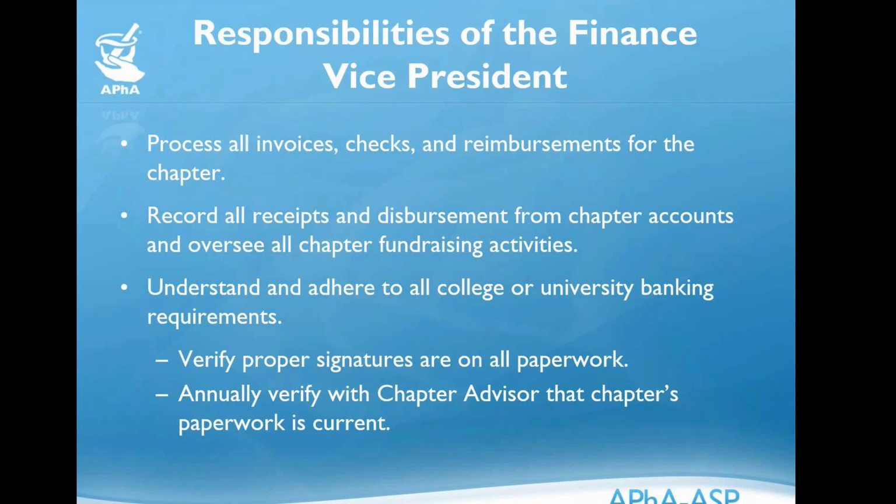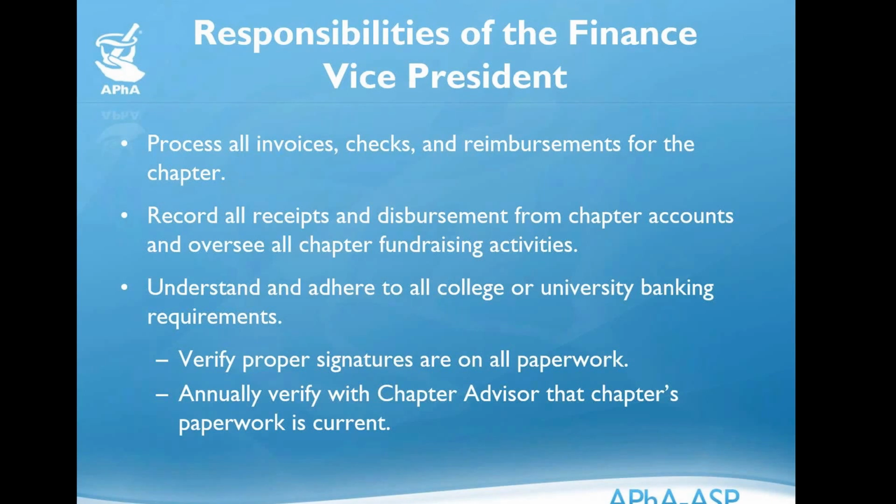You are also required to understand and adhere to all college and university banking requirements. Your colleges and schools of pharmacy and or your universities may have specific banking requirements. So it is your job to make sure that you communicate with your chapter advisor to make sure that you understand and adhere to those policies, as well as potentially the folks in the business office at your university or college.